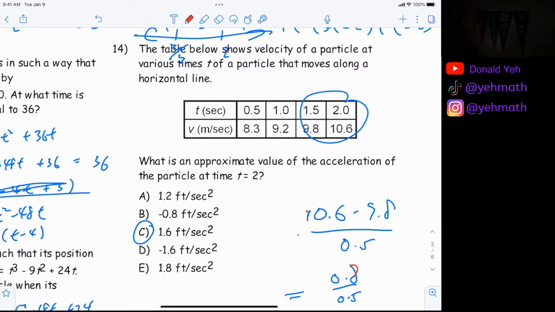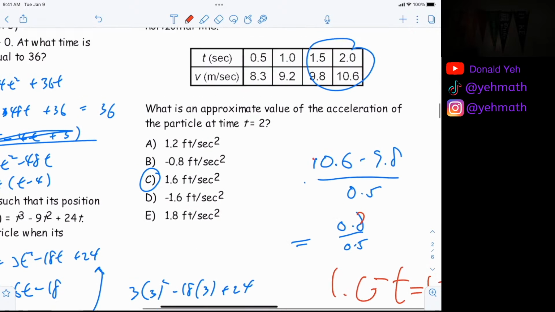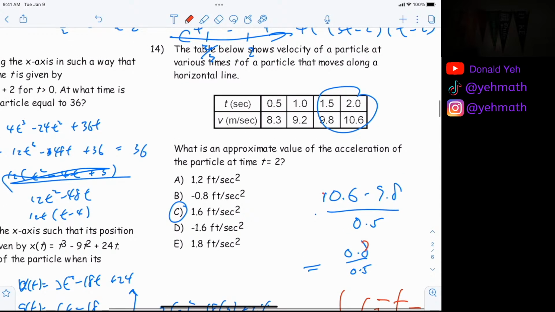The question says, what is the approximate value of the acceleration of the particle at t equal to 2? So the closest thing you can get is 1.5 to 2. And that's what I got, 1.6. And there we go. That's all the homework going over.